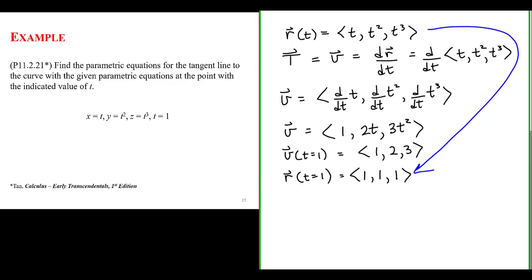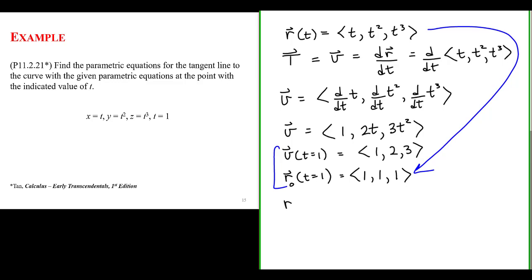Now we have a point on the line, which I will label r sub 0. We have a vector tangent to our line at that given point at the value t equals 1.